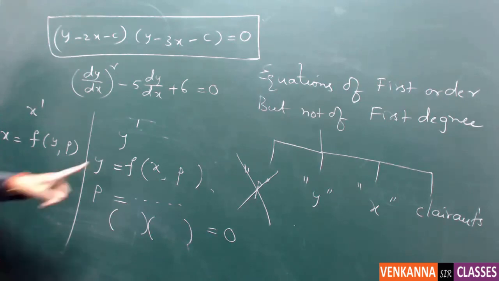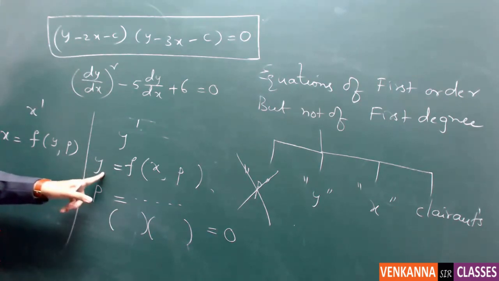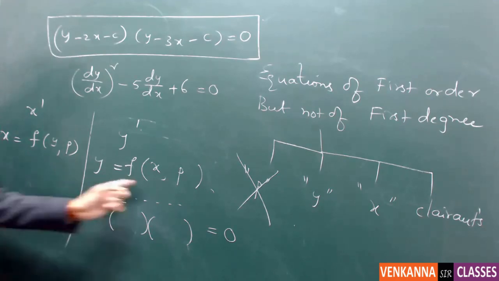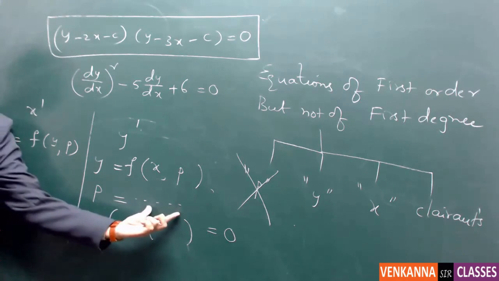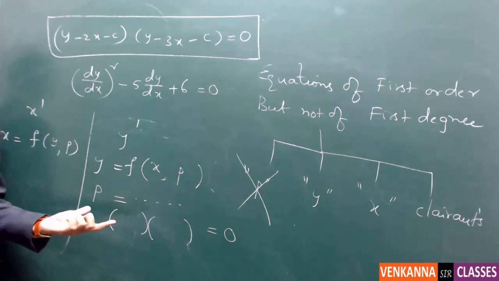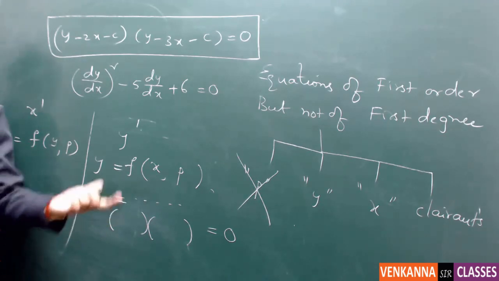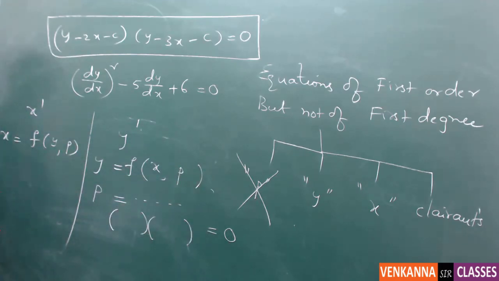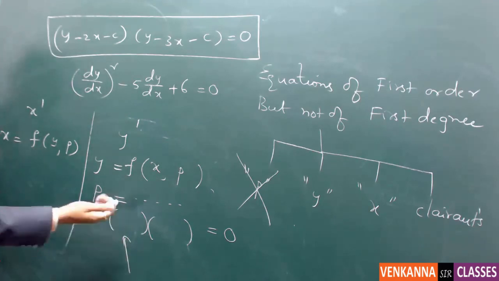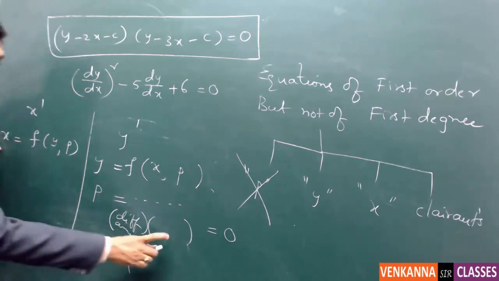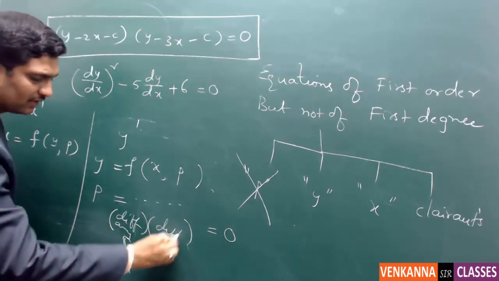I repeat again. First step is we represent the equation as y is equal to something. Later, we differentiate with respect to x on both sides, so p is equal to something will come. The whole equation is simplified by taking the terms common. It is represented as a product of two factors equal to 0, in which one factor will not contain any differential and one factor will contain a differential.